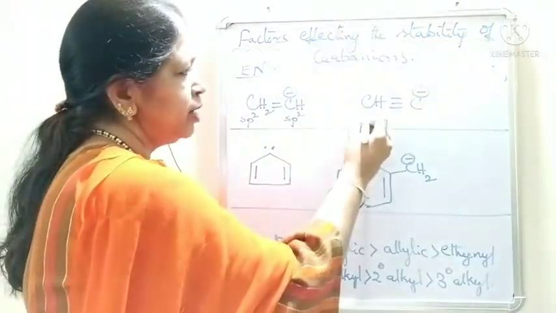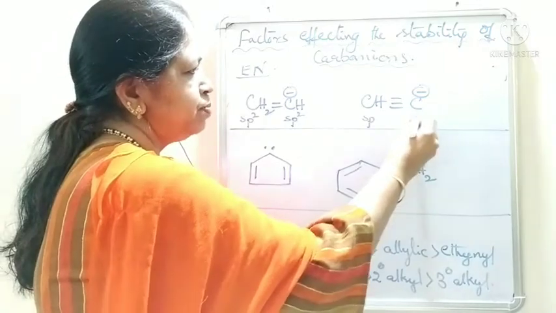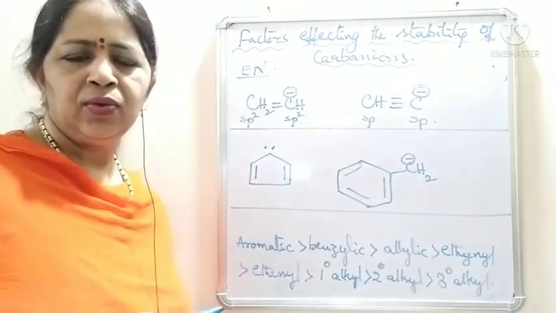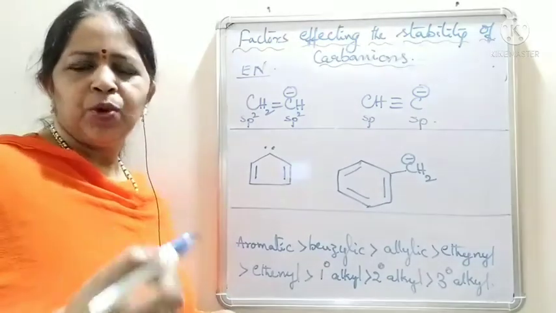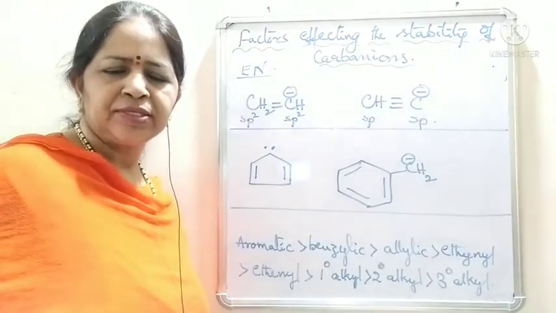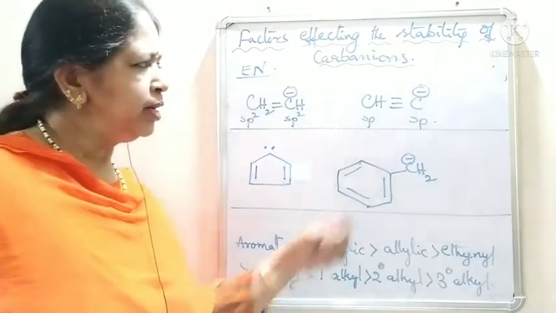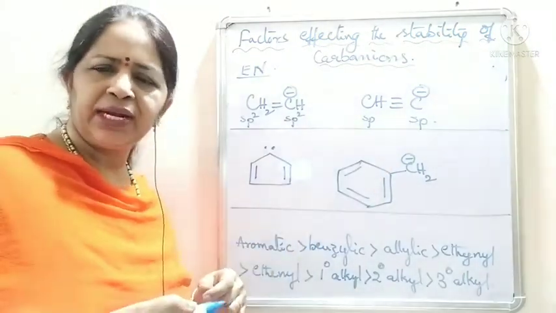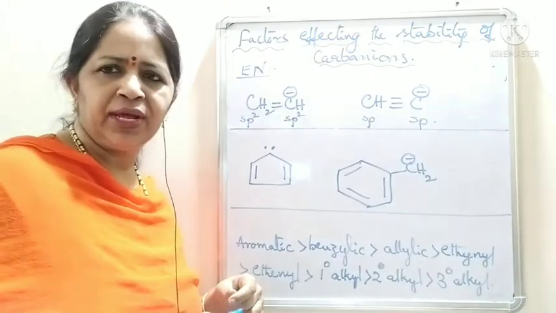And in the second one, the carbon undergoes sp hybridization. Which carbon is more electronegative? The sp carbon is more electronegative because the s character is more in sp hybridization. With the increase of s character, electronegativity increases. That point we know very well.